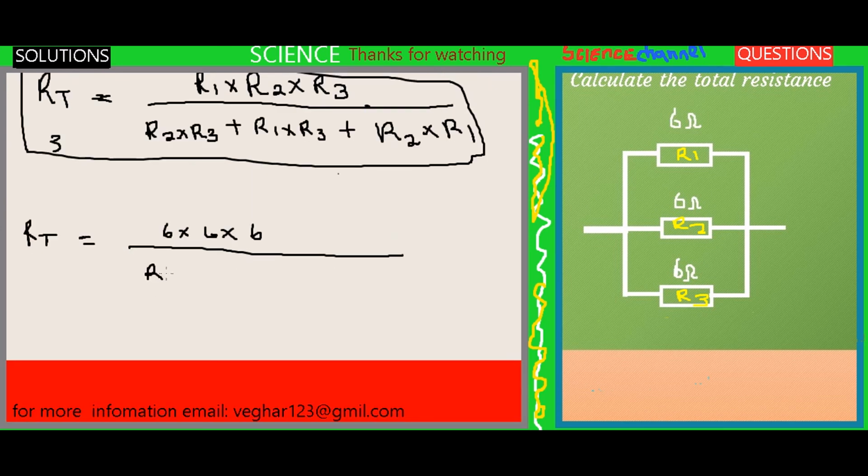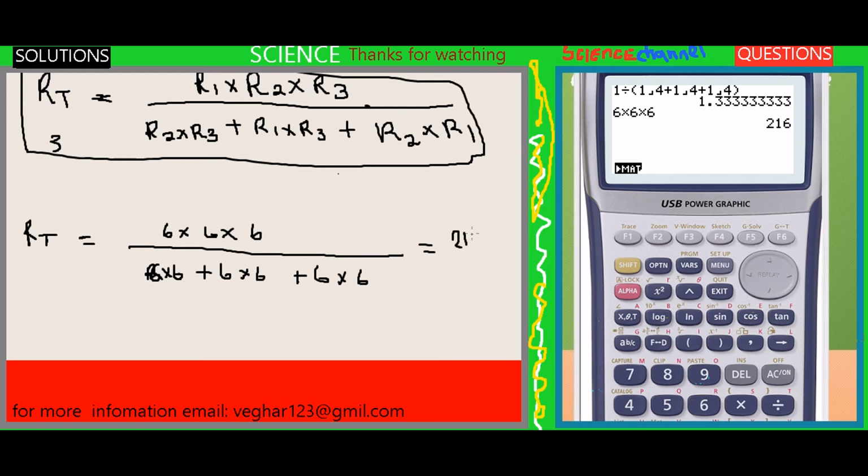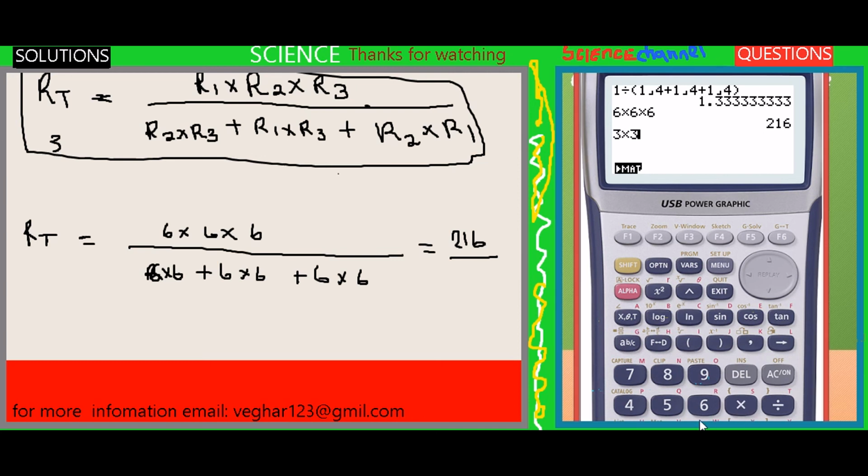So here you have to multiply this one, 6 times 6 plus 6 times 6 plus 6 times 6. So what is the answer here? 6 times 6 times 6 equals, so here we have 36 times 3, because 6 times 6 is 36, so we'll say 3 times 36.